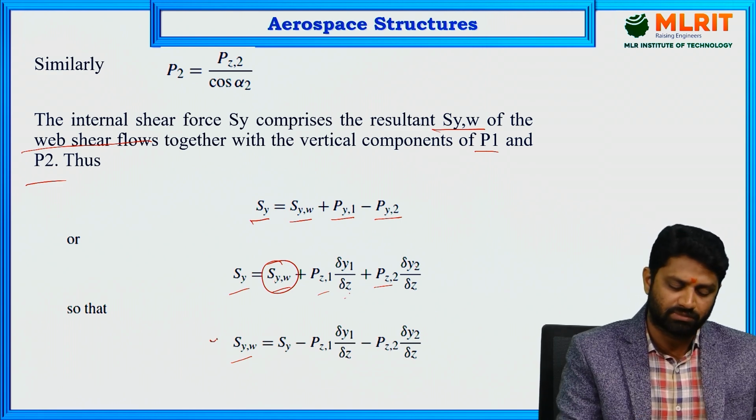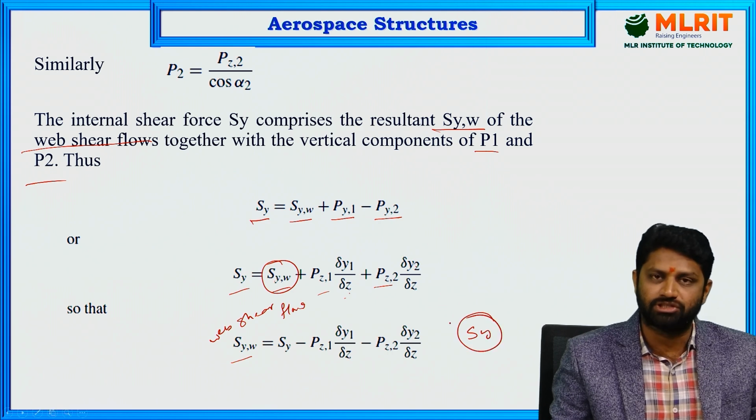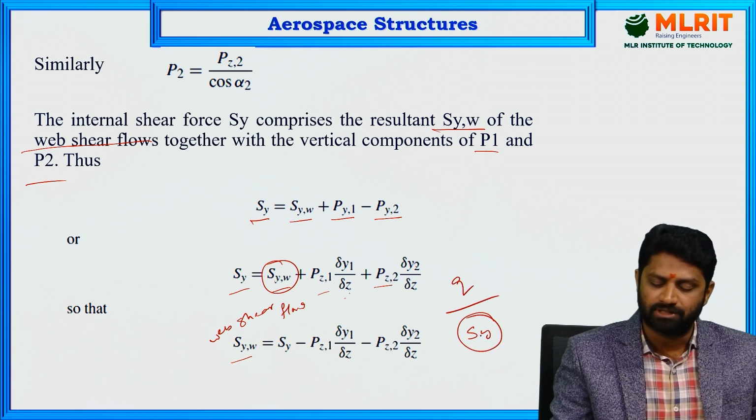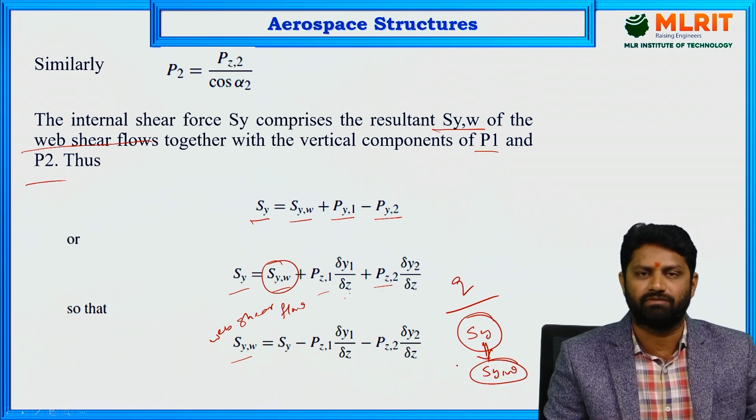This is the web shear flow, and we are going to use it. Instead of Sy in the shear flow distribution formula, you substitute SYW because of the web shear flow, because of this tapered wing spar.